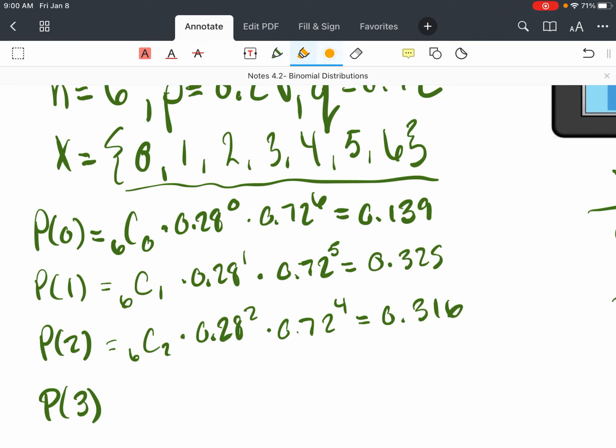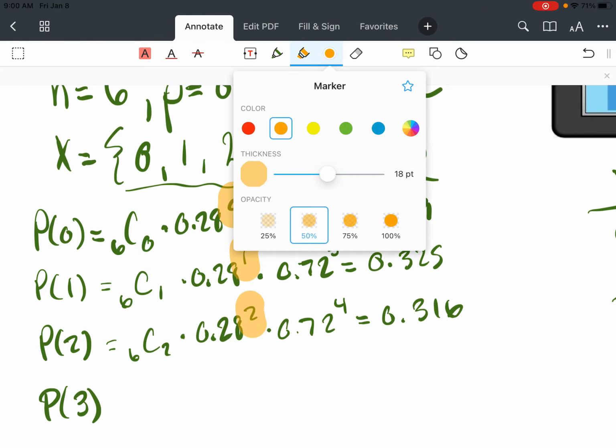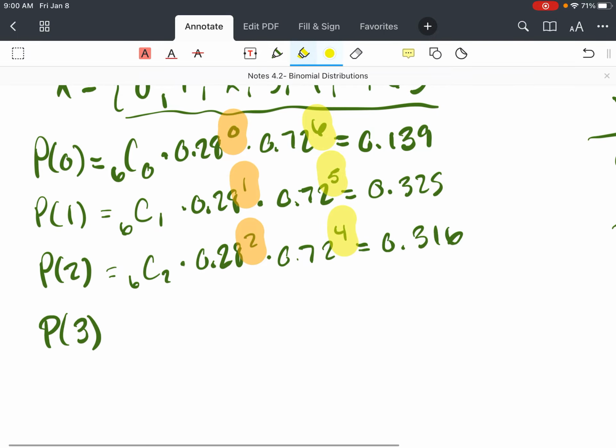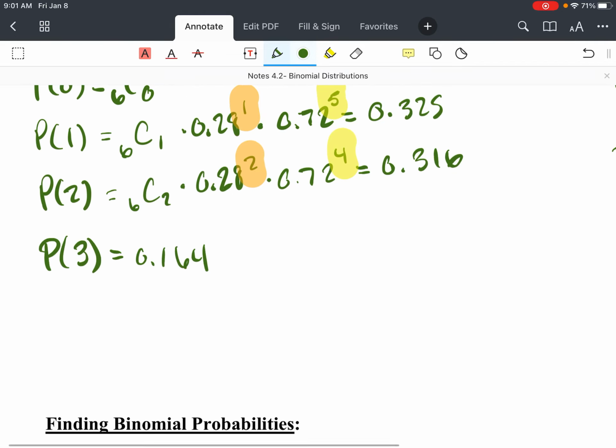So notice that the exponents on the successes are going up, and the exponents on the failures are going down as we increase x, or the number of successes. Okay, so the probability of 3 would be 0.164. I want you guys working these out on your own, but I will give these to you so you can check them.